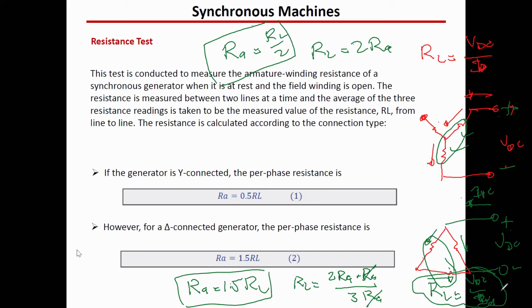Yeah, but remember that RA, first of all, the complete circuit will be like this, without XS, because this is DC, right?